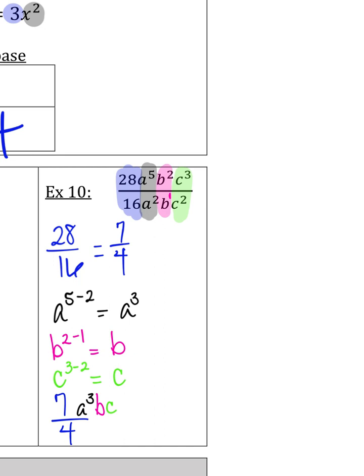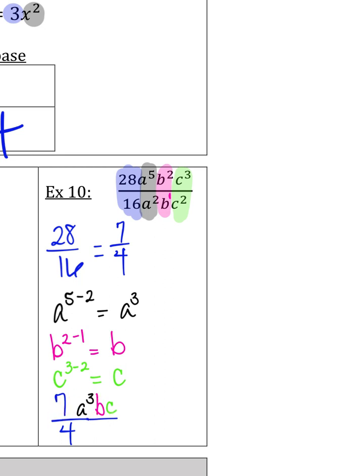Now for the purposes of this video, I want to tell you that number 1, your variables need to be in alphabetical order, so that's why it's A, B, C order. But also we want to keep all of our positive exponents on the top of our fractions.